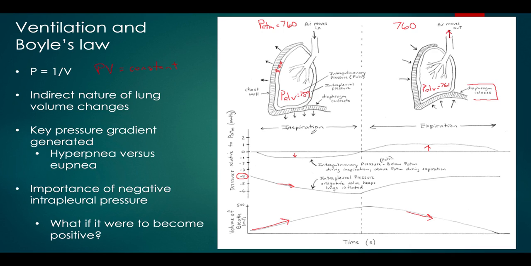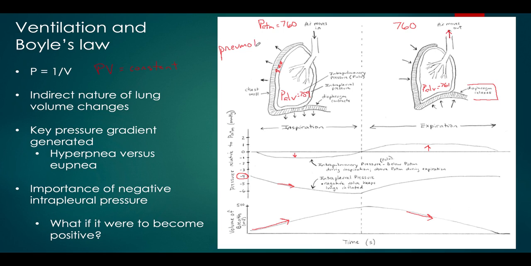You lose this negative intrapleural pressure. This line right here would jump up to zero. You would no longer be attracting the lung to the thoracic wall surface. You no longer have the surface tension also helping you stick one to the other. And you have what's known as a pneumothorax.